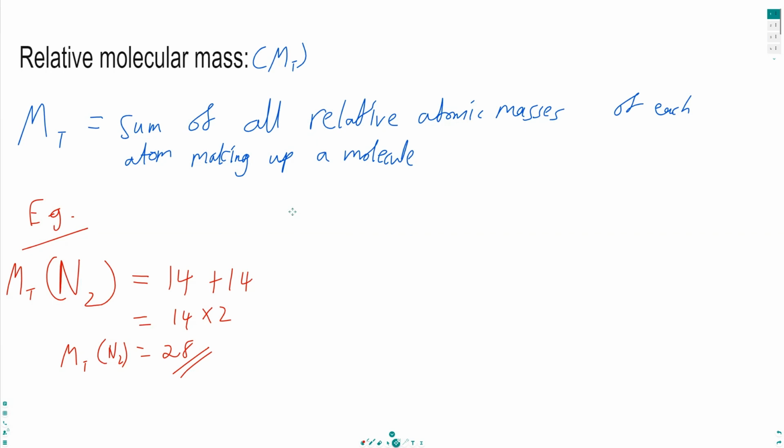Relative formula mass is used for giant structures, as we'll see in module 2.2, substances like NaCl, a giant ionic lattice structure.